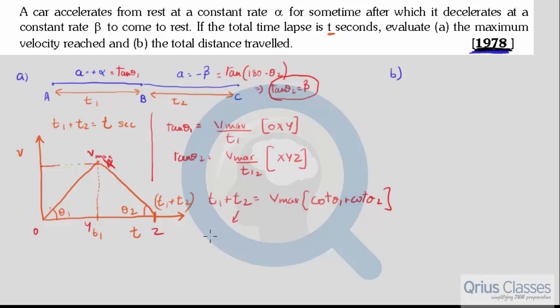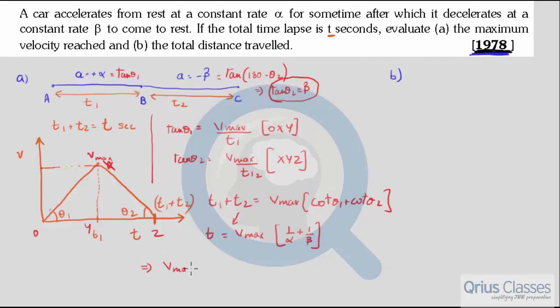So this equation reduces to t is Vmax into 1 by alpha plus 1 by beta, giving us Vmax as t divided by 1 by alpha plus 1 by beta, which essentially gives us Vmax equals t alpha beta divided by alpha plus beta.